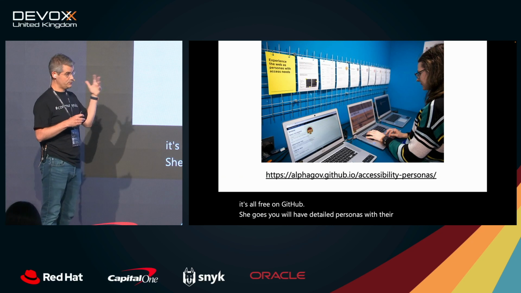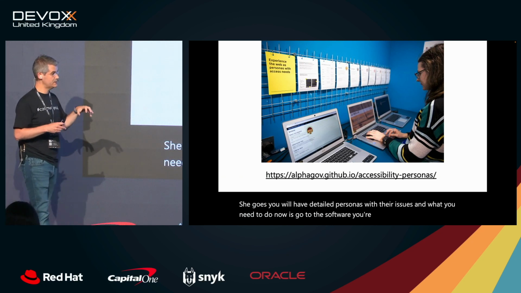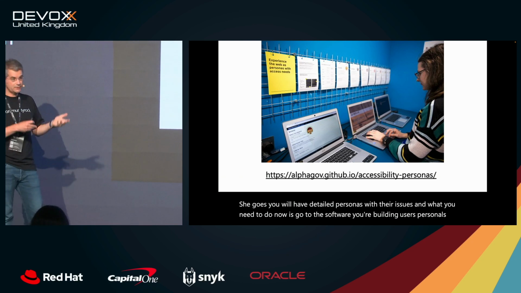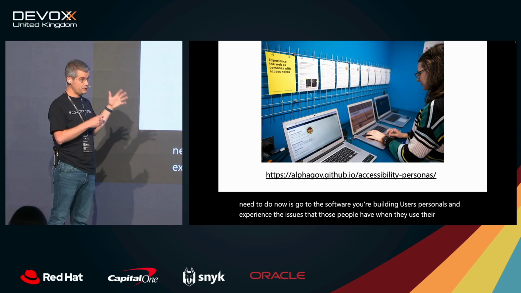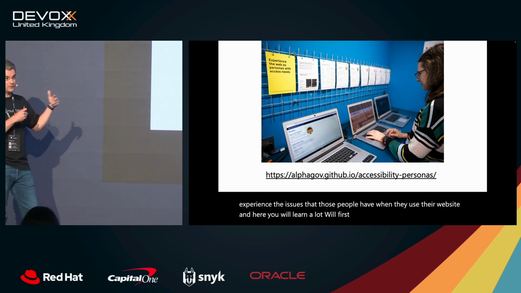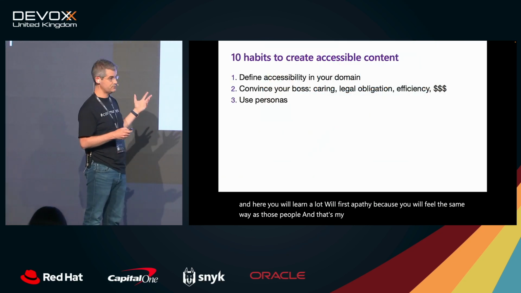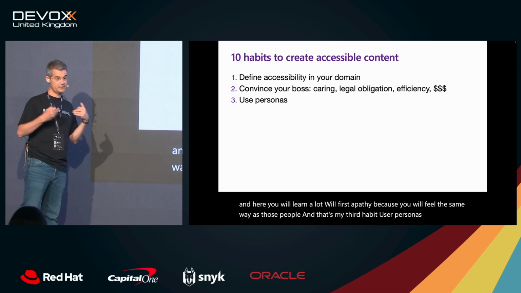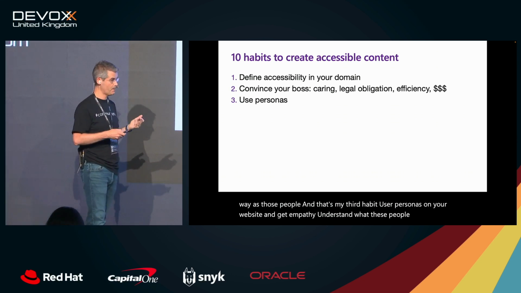And what you need to do now is go to the software you're building, use those personas, and experience the issues that those people have when they use your website. And here you will learn a lot. You will first learn empathy, because you will feel the same way as those people. And that's my third habit. Use those personas on your website and get empathy, understand what those people experience when they use your software.